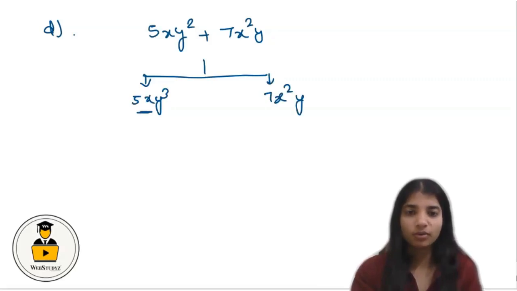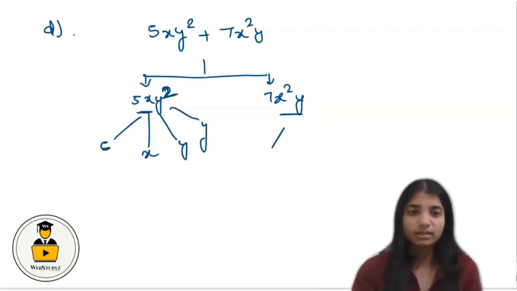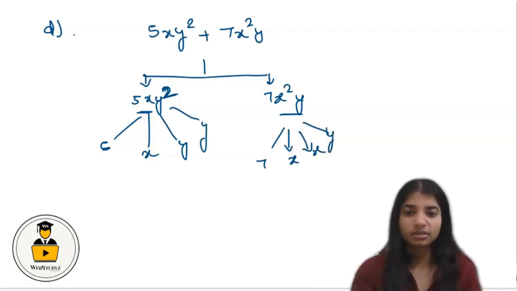The first term has 4 factors, which are 5, x, y, and y. And the second term also has 4 factors, which are 7, x, x, and y. So this is the answer to part D.